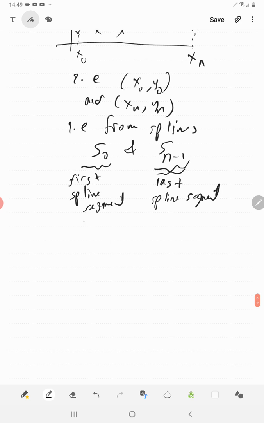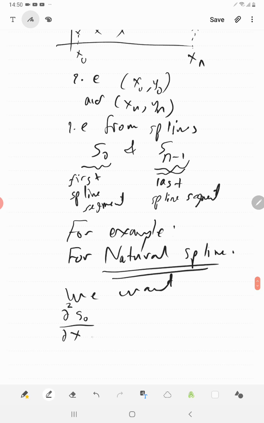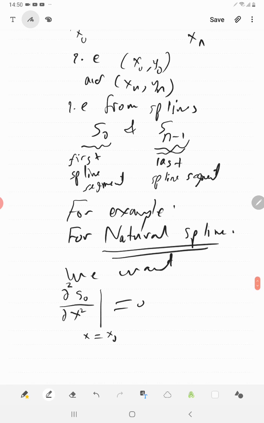For example, for a natural spline, we want the second derivative d squared S0 over dx squared evaluated at x equal x naught, at the beginning, to be 0.